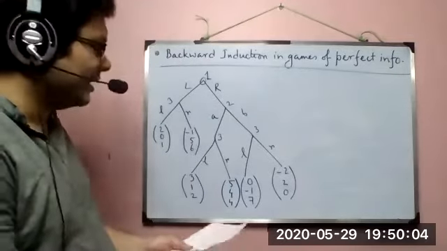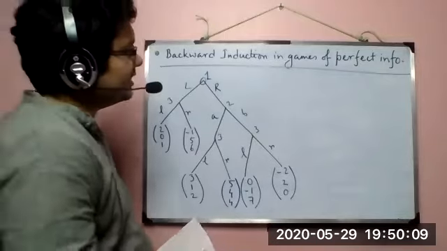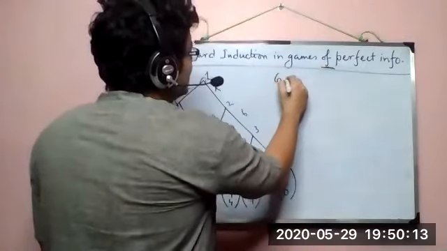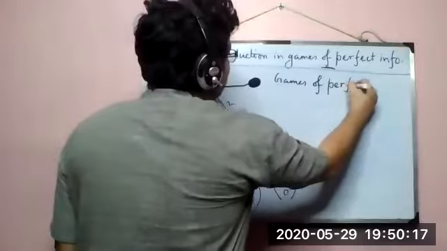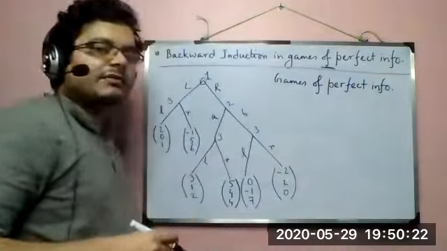But before going into that, we'll look into two things. Number one, that we discussed, is games of perfect information. We said that games of perfect information are the only kind of games in which we can apply backward induction.